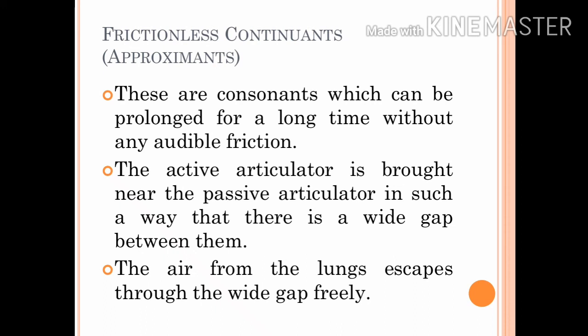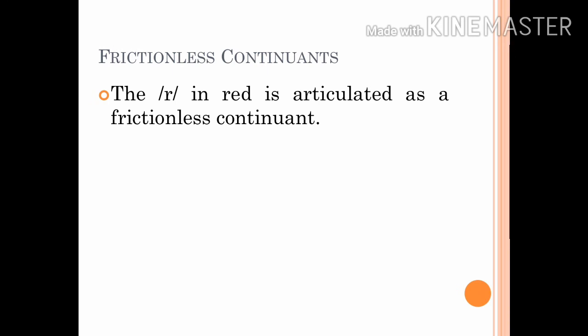The air from the lungs escapes through this wide gap freely without any friction. Sounds articulated with a structure of open approximation are called frictionless continuants. The R sound in red, right, etc. is articulated as a frictionless continuant.